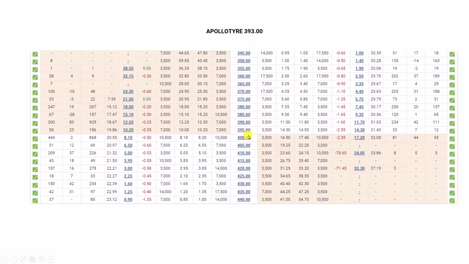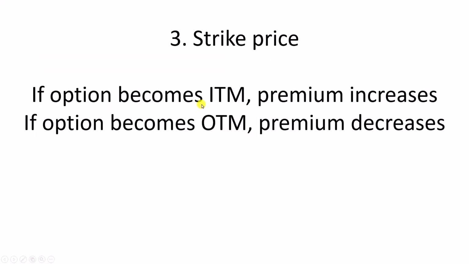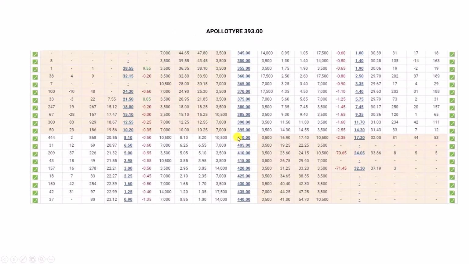But if the price goes to 420 tomorrow, then your out of the money option becomes in the money option. So, if the option becomes in the money, premium increases. That is how you make profit, correct? That is how you make profit. So, premium increases if the price moves to 420. Alright. Now, let us take one more case.